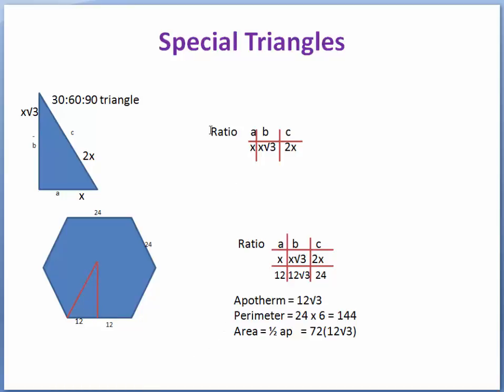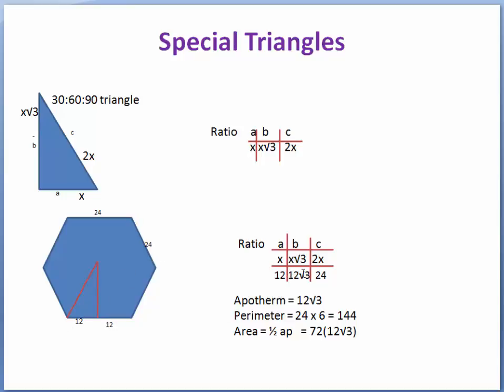So in a 30, 60, 90 triangle using Pythagoras, the ratios are x, and B is x square root of 3, and C is 2x. So using our side lengths and our length here of length A in our triangle with the apothem, we get 12 as that half the side, 12, half of 24.